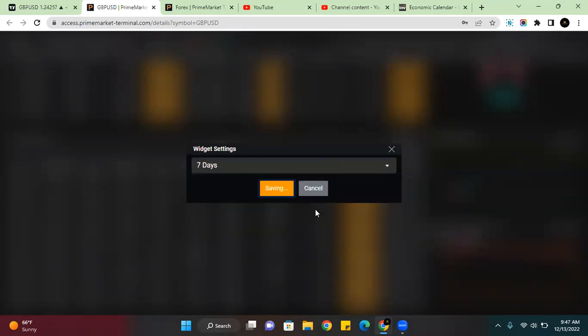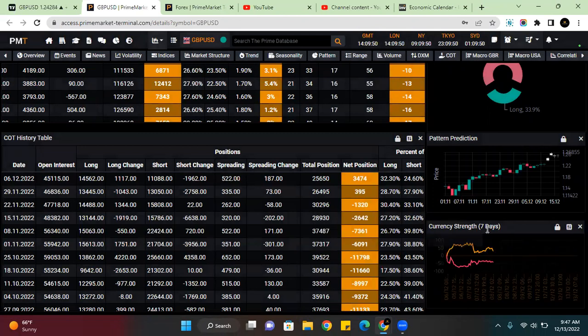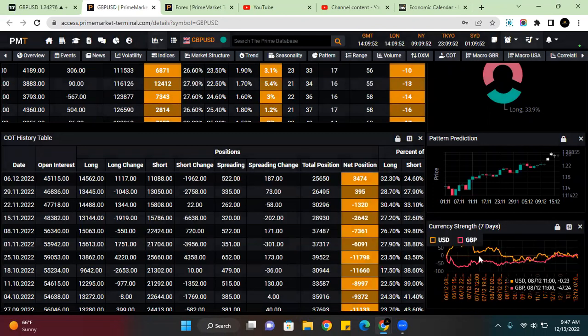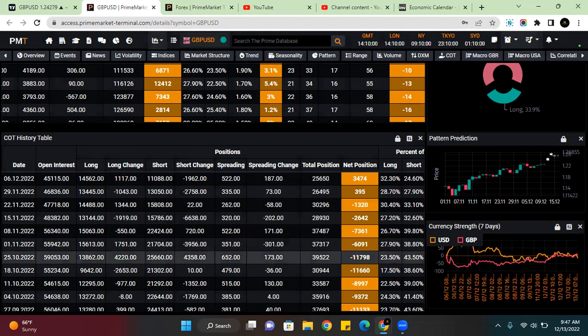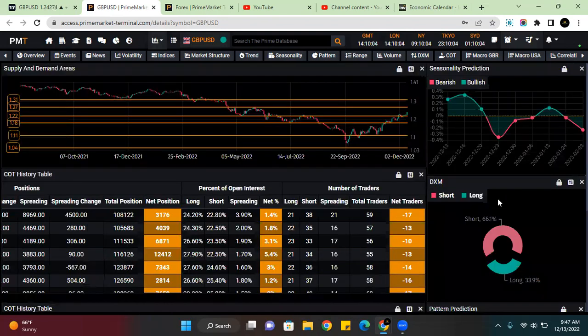Let's see what the 7-day looks like for currency strength. I do use that if the Great British Pound is doing better long term. I look at the 7-day, 14 to 30, all of that. You can see that the Great British Pound overall currently, the red is a little bit above the yellowish orange, whatever you want to call it. And even in the last week, the Great British Pound has been doing better, and the USD is declining in terms of currency strength. So I had some confluence there.